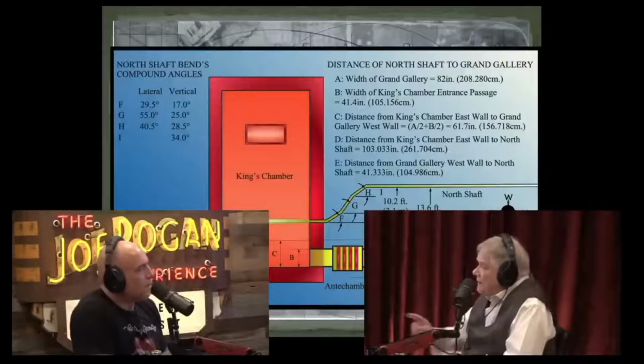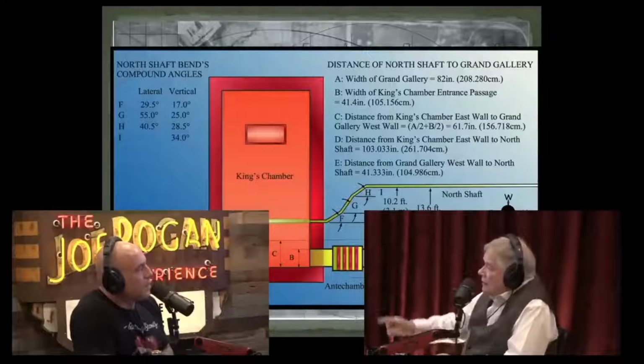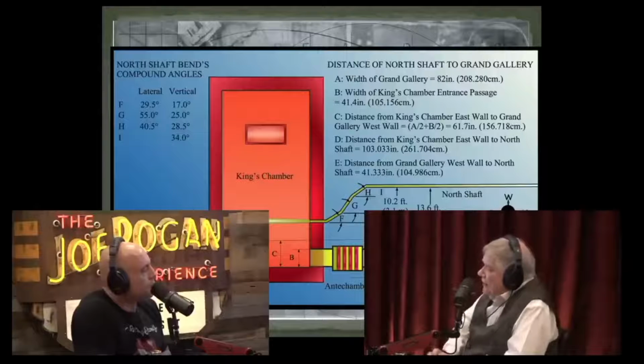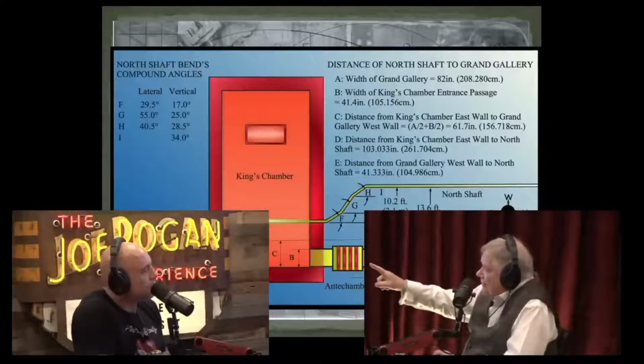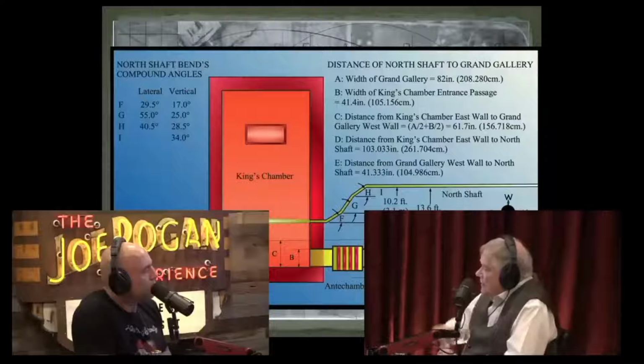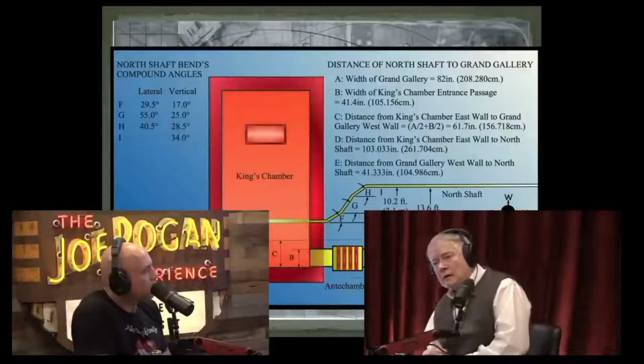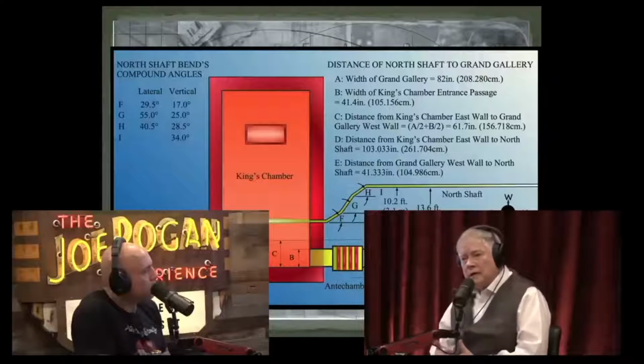If you take the level where the shaft enters the King's Chamber, and you take it straight past the Grand Gallery, you're looking at dimension E, which is 41 inches. So it would clear the Grand Gallery.